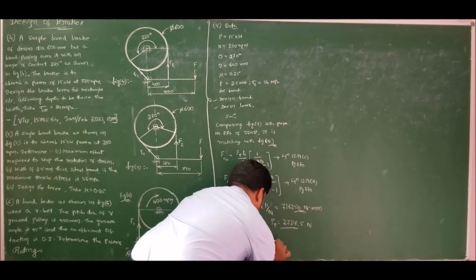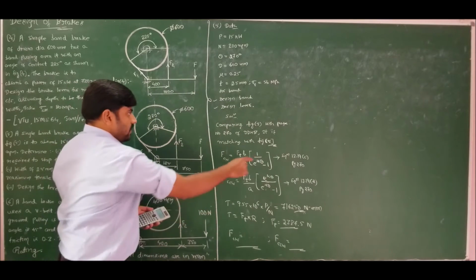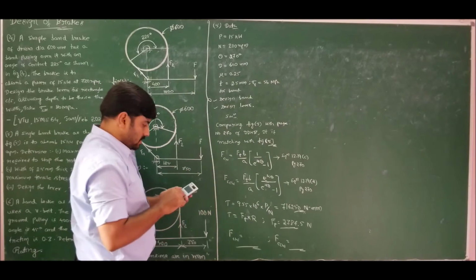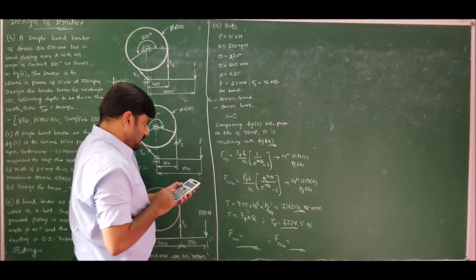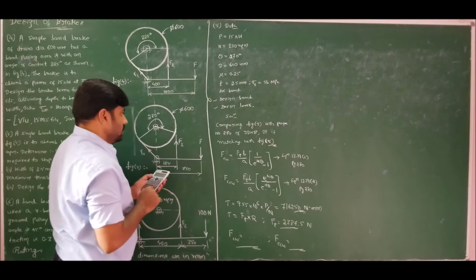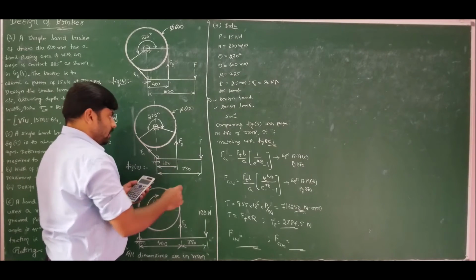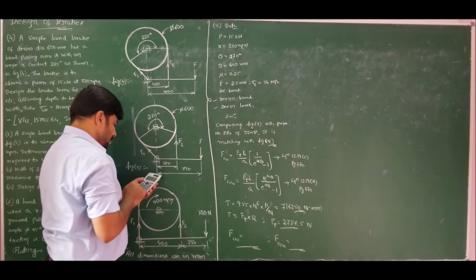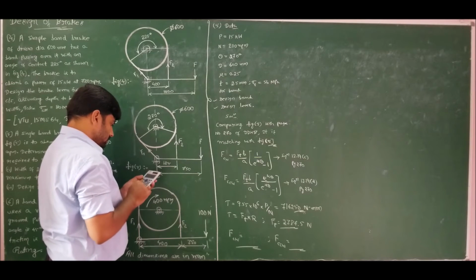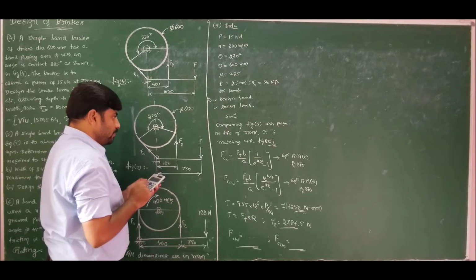Substituting all the values into these two equations, I will get the force required to stop the brake drum in clockwise rotation and in counterclockwise rotation. From equation 13.19c, Ft is 2387.5 into b, which is 125, divided by a, which is 750, multiplied by 1 divided by e to the power of mu theta minus 1.